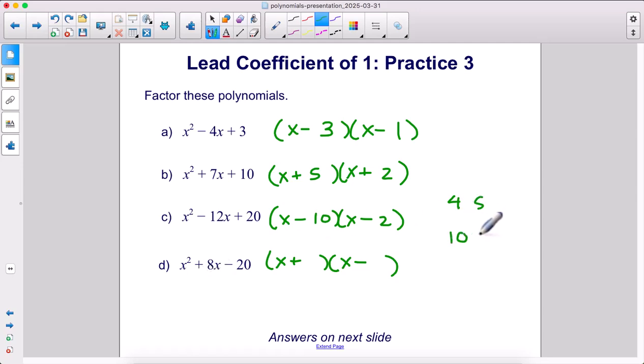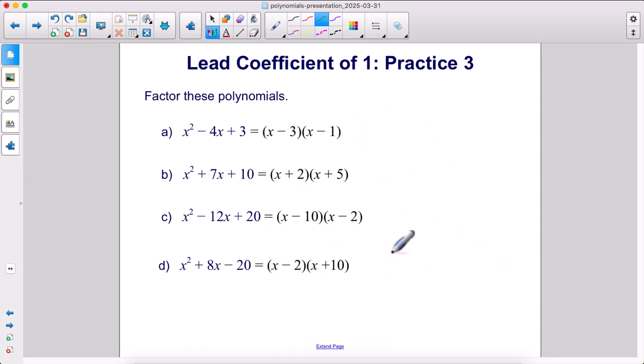We have 10 and 2, which could add to 8. If 10 was positive and 2 is negative, then they're going to multiply together to -20 and add together to +8. So we make sure that the 10 goes next to the plus sign and the 2 goes next to the negative sign. And here are all of our answers.